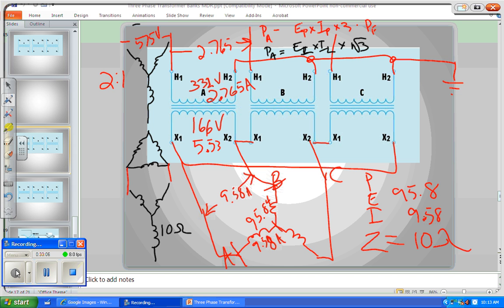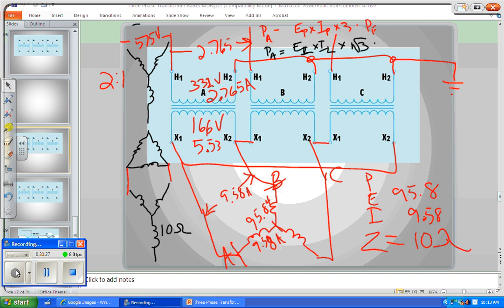And if we want to turn that into our true power, we just multiply times what? Power factor. But we're going to leave it at this. So there's your reminder of how to find your total powers. That was from the previous chapter on three-phase circuits. But there we have a summation of how to find the total power.